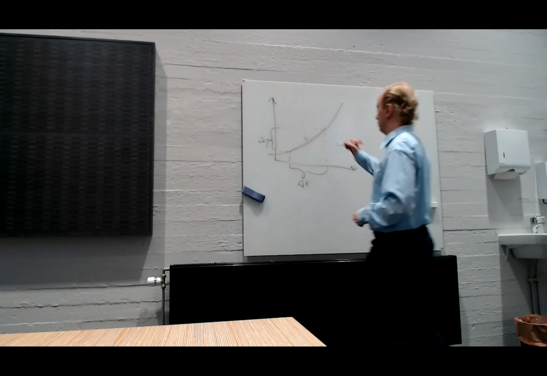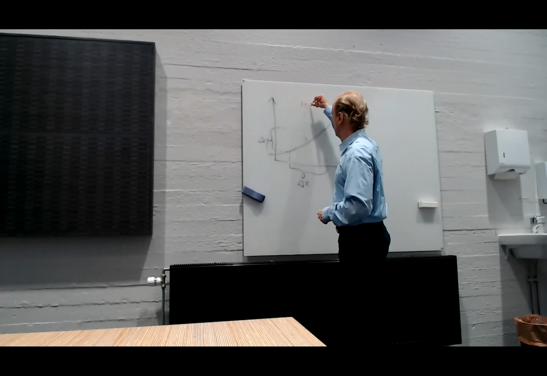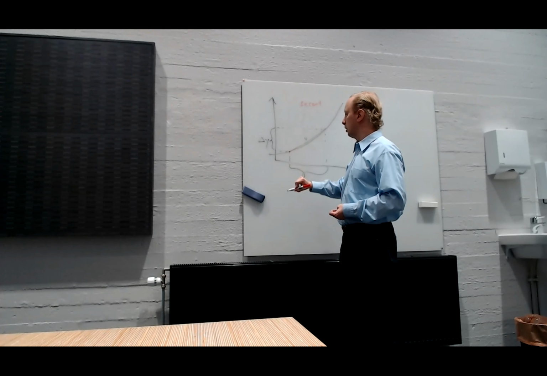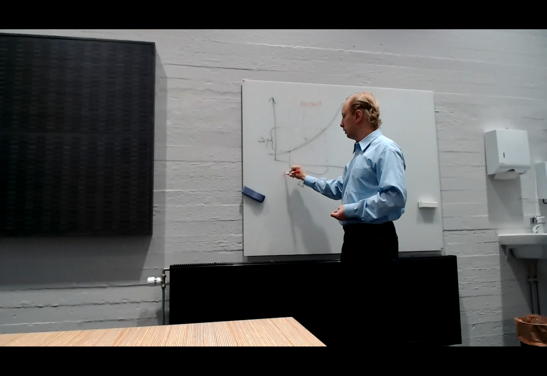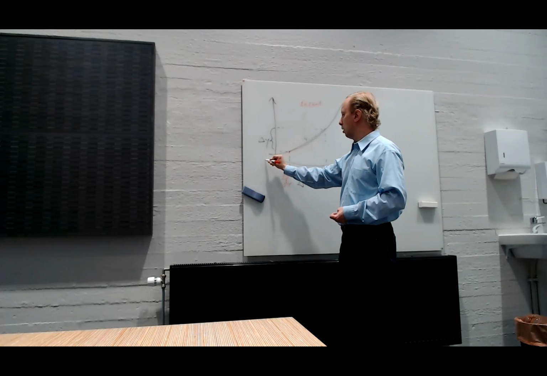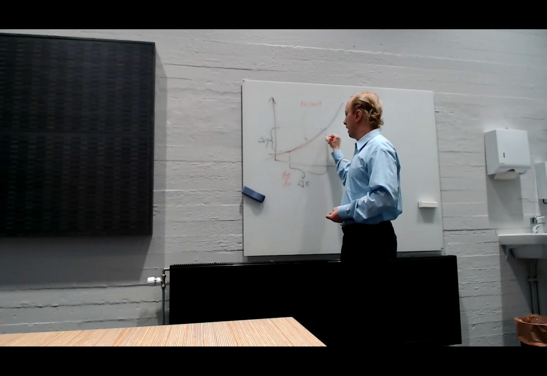So when we have some kind of function, and we have here a difference in x, and over here we have a difference in y. That is the secant. And we may remember that if we had the correct derivative here, which is dy over dx, the instantaneous one, that would be the tangent.